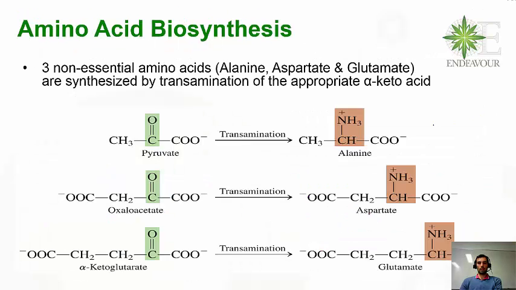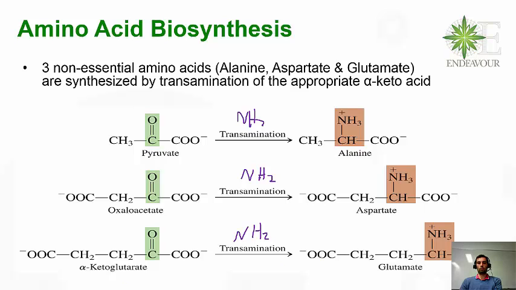So you can see here examples of how we make some of these non-essential amino acids. So the pyruvate can undergo transamination to accept the NH2 group to become alanine. Oxaloacetate can accept an amino group to become aspartate, and the alpha-ketoglutarate, which again, all of these on the left-hand side are keto acids, accept the amino group to become glutamate in this case.